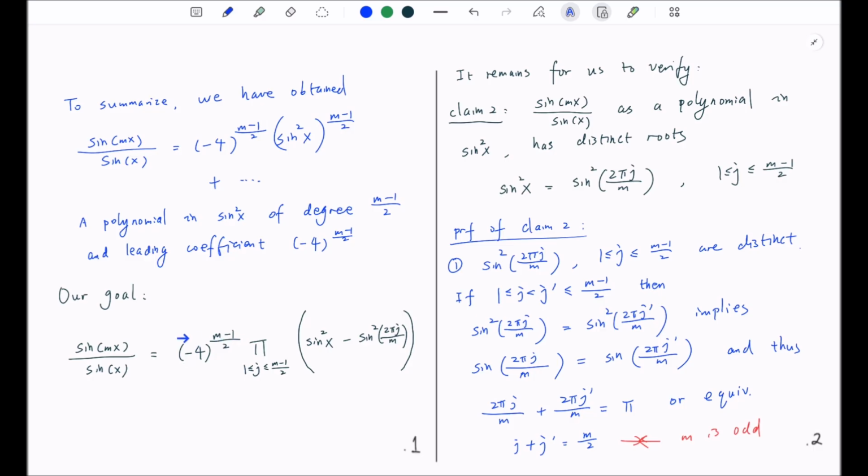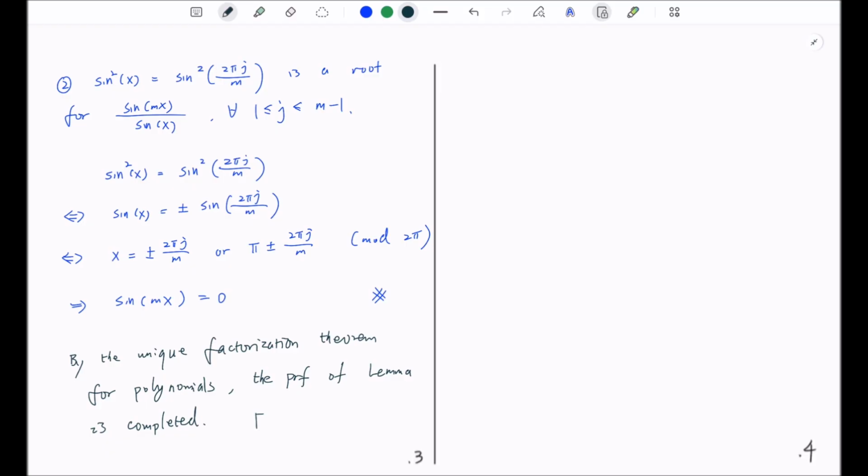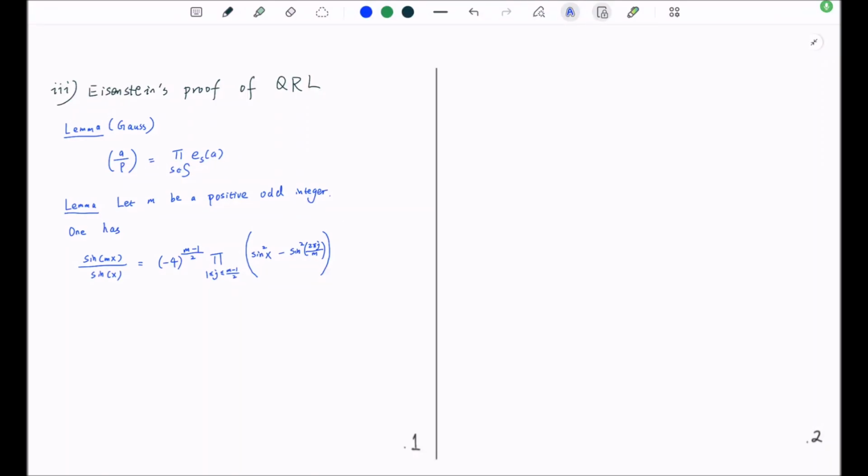The leading coefficient is this, and degree is n-1 divided by 2, and the roots are these numbers. Now with these two lemmas in hand, we can provide the second proof of the quadratic reciprocity law due to Eisenstein.